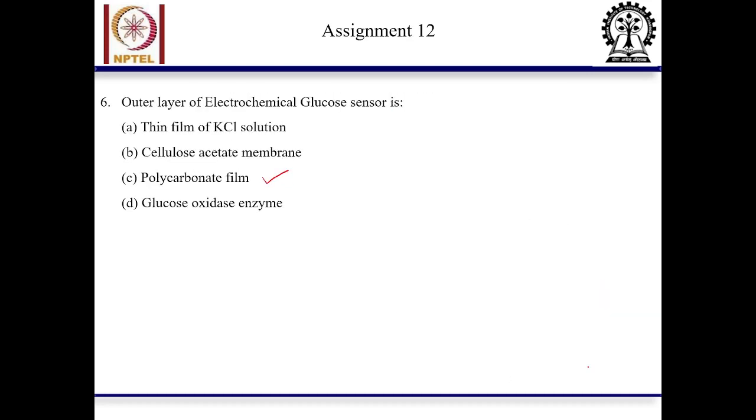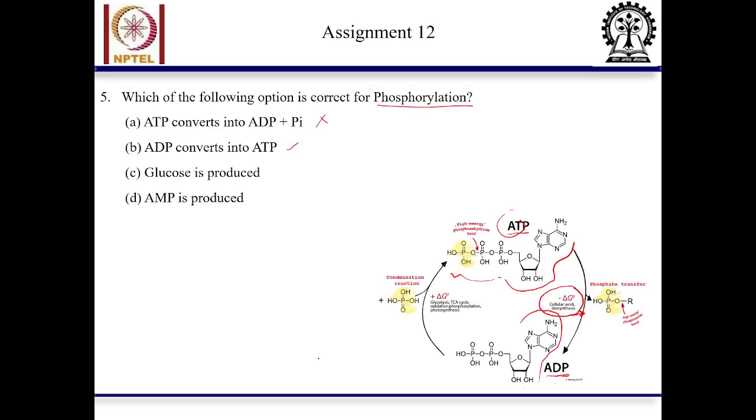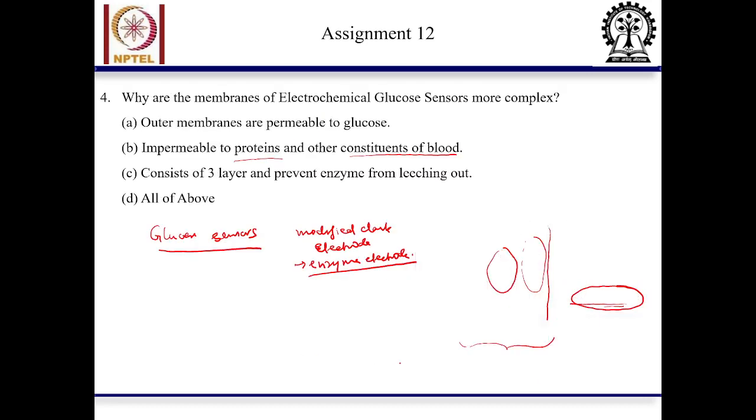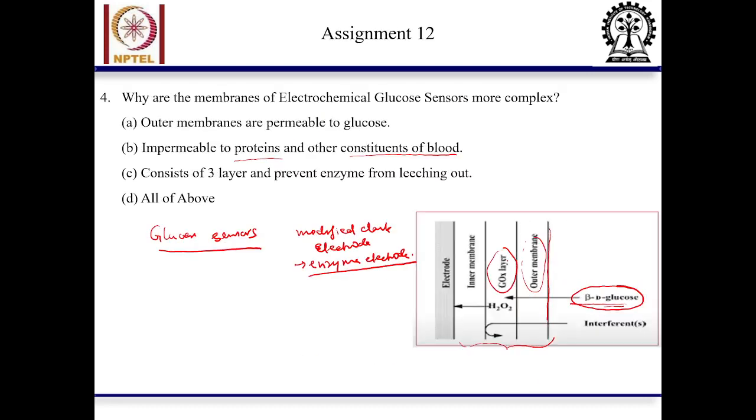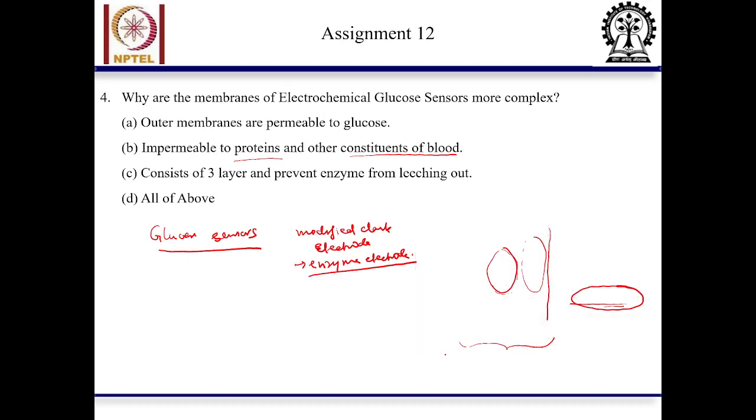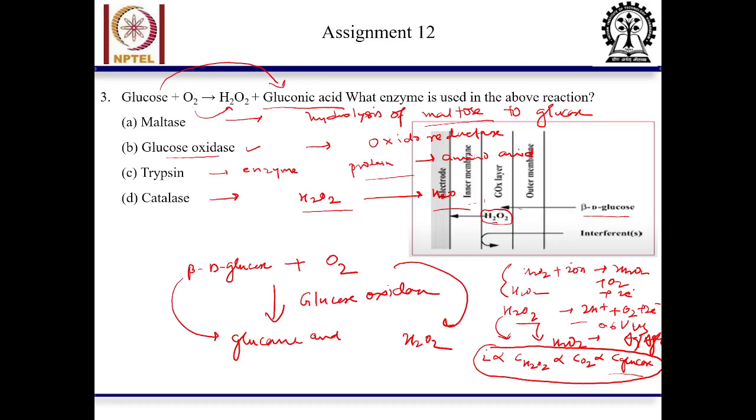And other options are glucose oxidase enzyme. So glucose oxidase enzyme is in the middle layer. The work of this glucose oxidase enzyme is basically it will convert beta D glucose to gluconic acid and oxygen to H2O2.